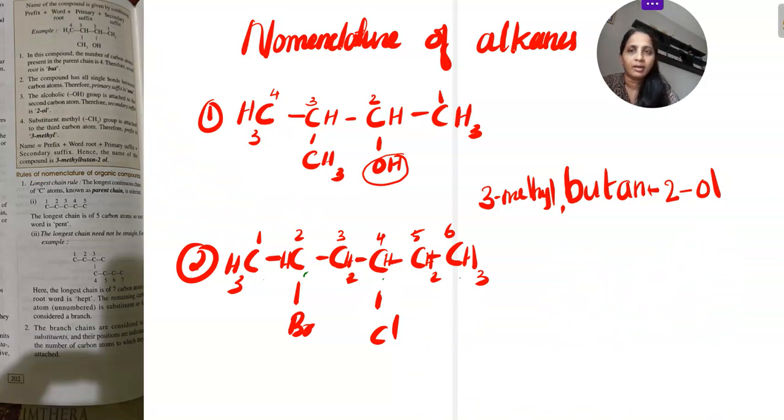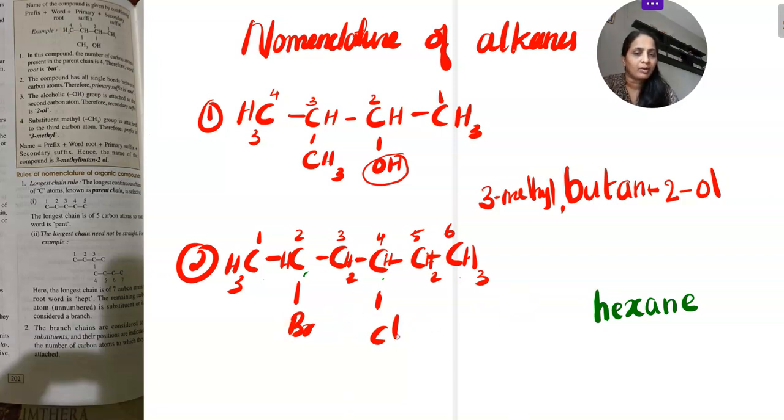Then, alphabetical order only we can use to give the names of the substituent groups. What is the root word here? There are 6 carbon atoms, and 6 carbon atoms means hex. Then there are all single bonds, so we write hexane. Then the substituent groups we put before.